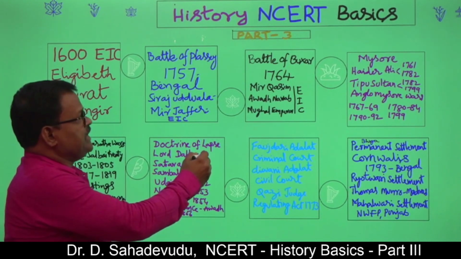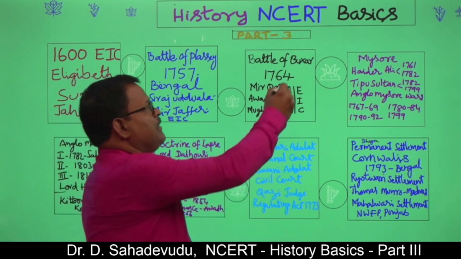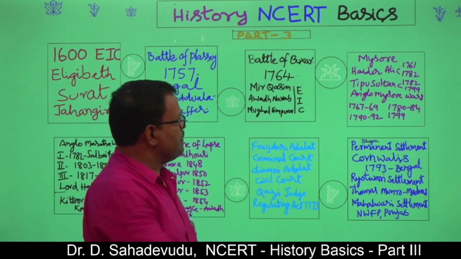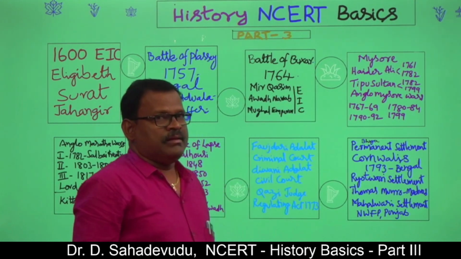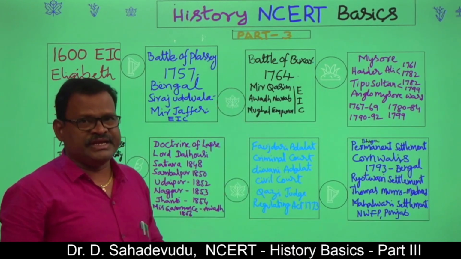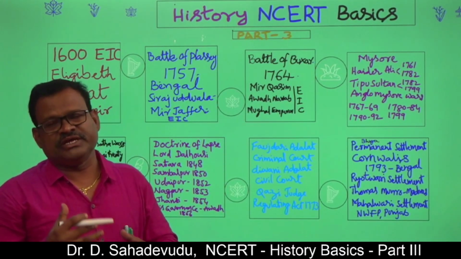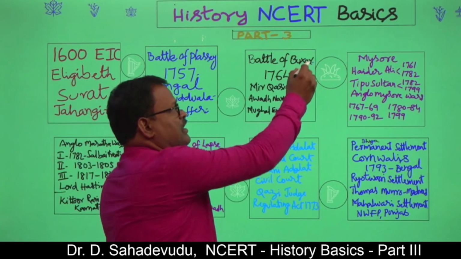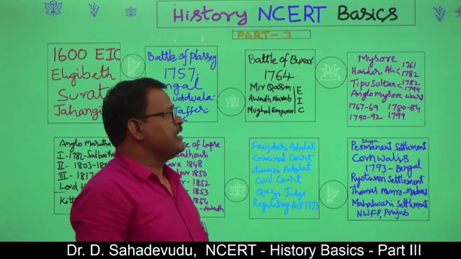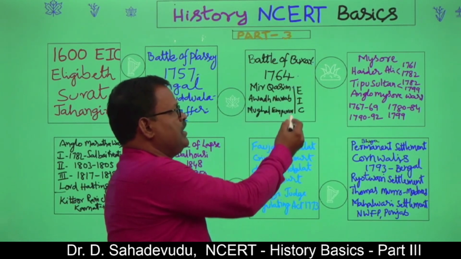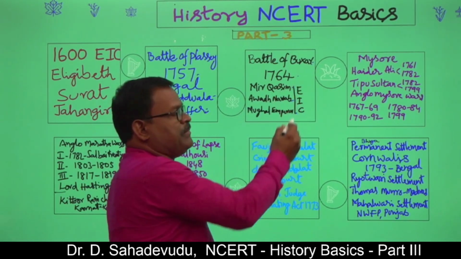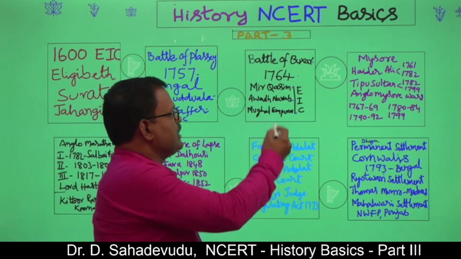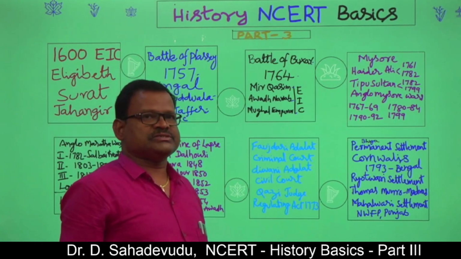Next, see another synopsis box: Battle of Buxar, 1764, Mir Qasim, Awadh Nawab, Mughal Emperor. The Battle of Buxar allowed the East India Company to establish political power in India. It was fought between the East India Company and Bengal Nawab Mir Qasim, Awadh Nawab Shujaudaulah, and Mughal Emperor Shah Alam II.